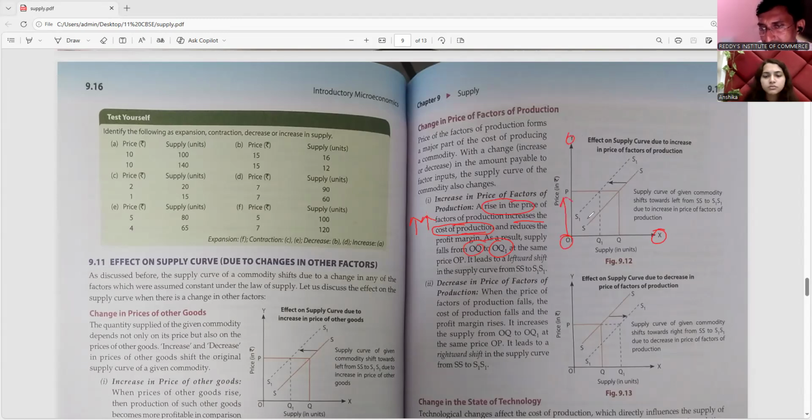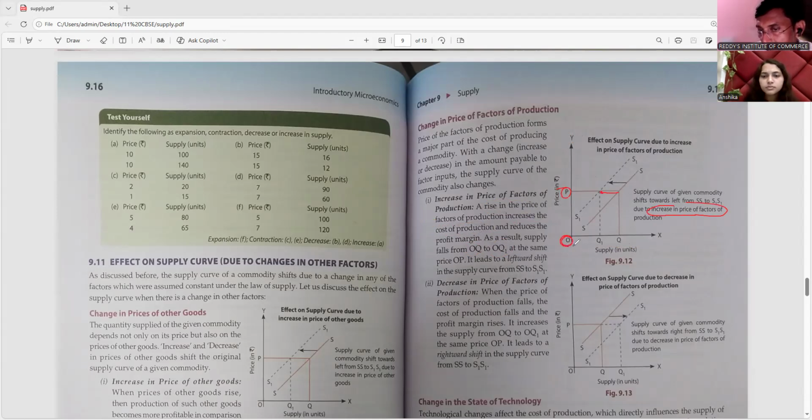O to P axis indicates price, and O to X axis indicates supply of units. So now your price remained the same, but due to the increase in the price of factors of production, your supply was decreased.